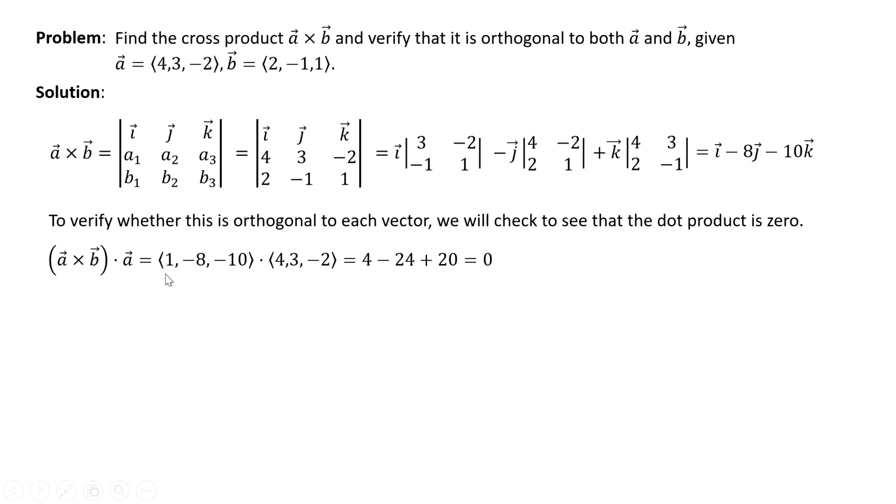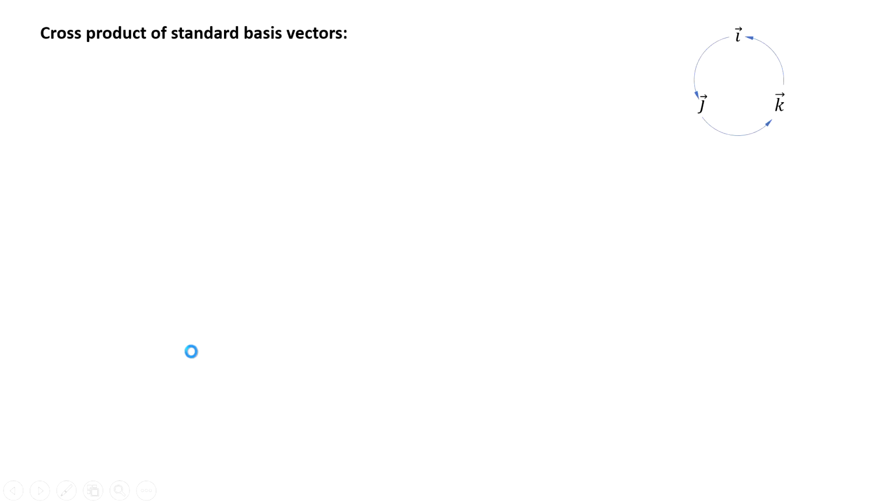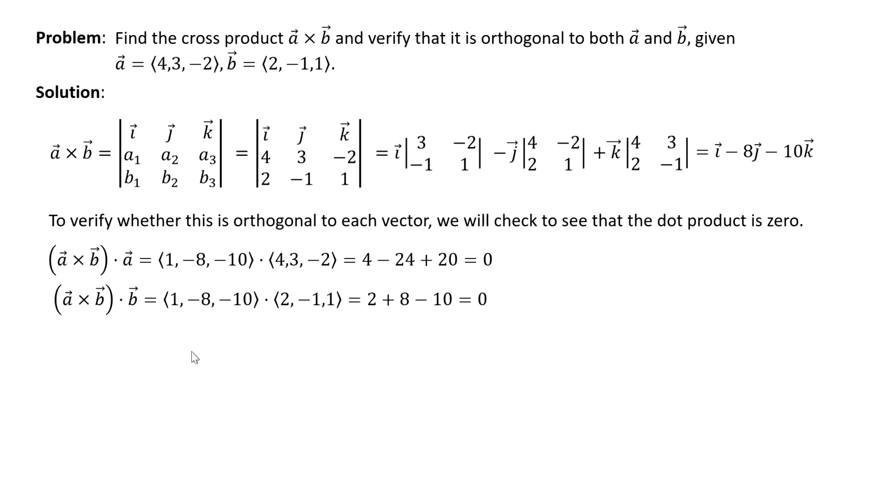Like components, multiply the x component with this x component: 1 times 4, plus -8 times 3 is -24, plus -10 times -2 is going to be +20, and so that turns out to be 0. Similarly, A cross B dotted with B is this, and that's 0.